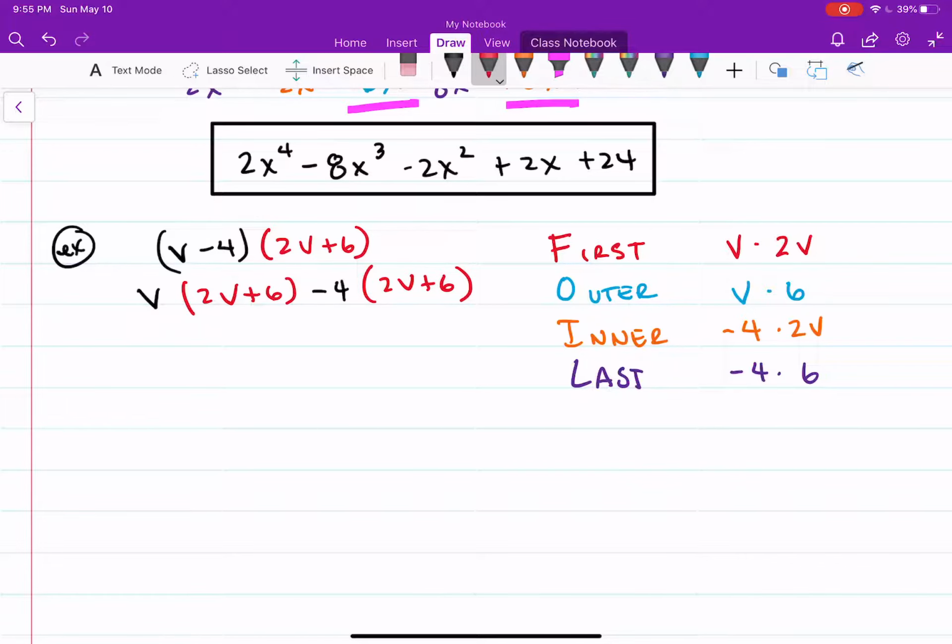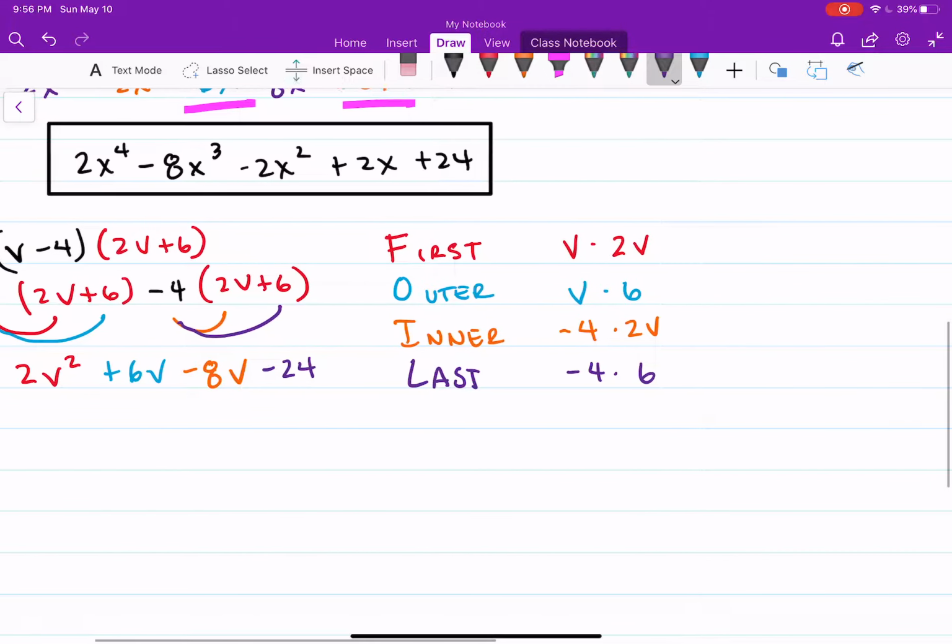And if I was to distribute this, this would give me a 2v squared. This would give me a plus 6v. This would give me a negative 8v. And this would give me a negative 24.